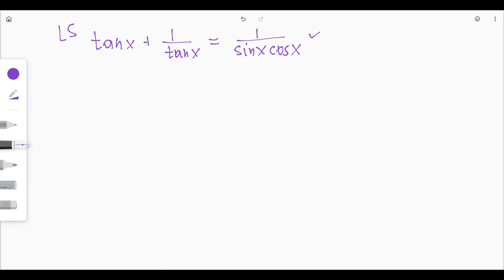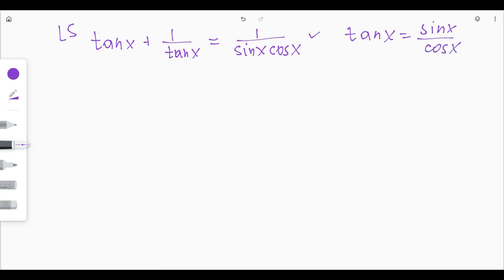The second thing to consider is whether you can factor the expression or not. In this case, no, we can't factor it. We can, but it will not give us anything useful. The next step to consider is if you can see any of the existing identity within the expression. So here, tangent can be expressed as sine x over cosine x.